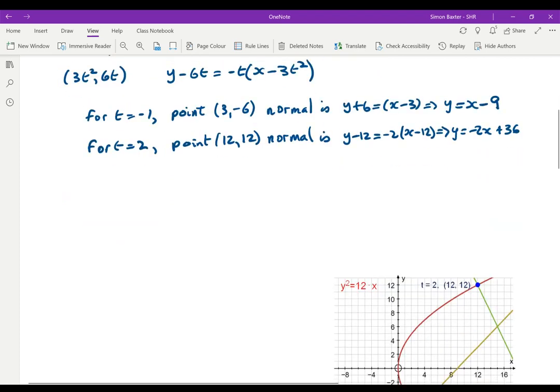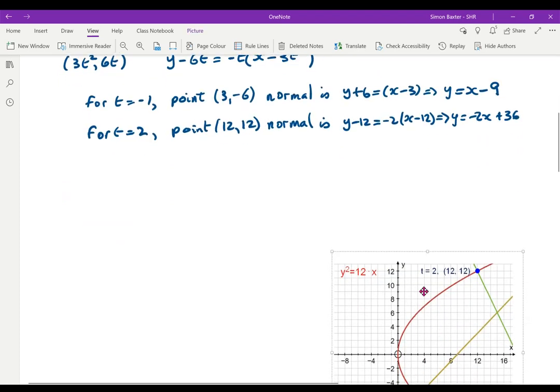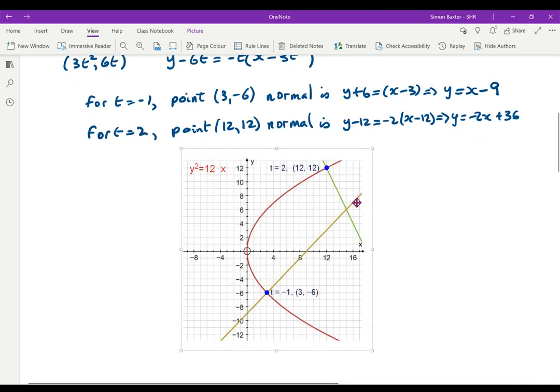We should have a picture of what's going on down here. And you can see that at the point when t is minus 1, at the point 3, minus 6, we have y equals x minus 9. y equals x minus 9 has gradient 1. That looks all right. And y-intercept minus 9.